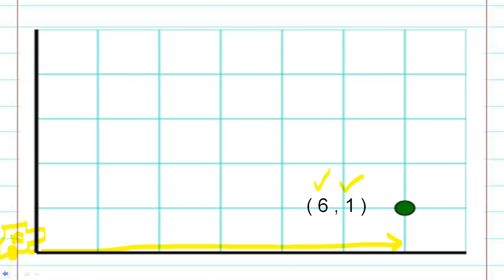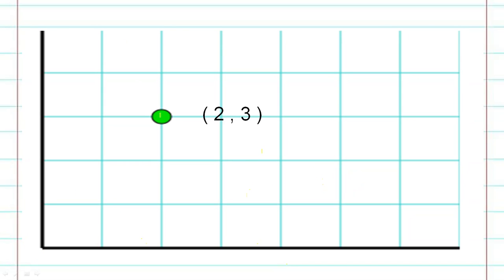And how much does he have to cover? 1, 2, 3, 4, 5, 6, just like 6 kilometers. Now he turns left and then moves towards the green location. So what is it? 6, comma 1.